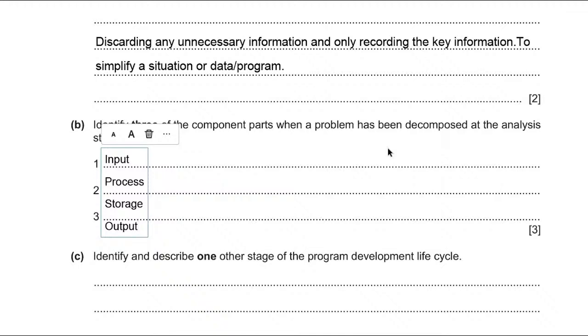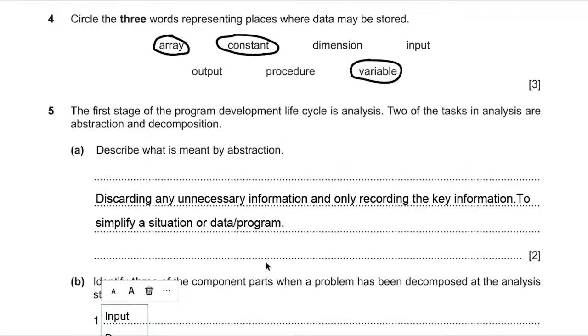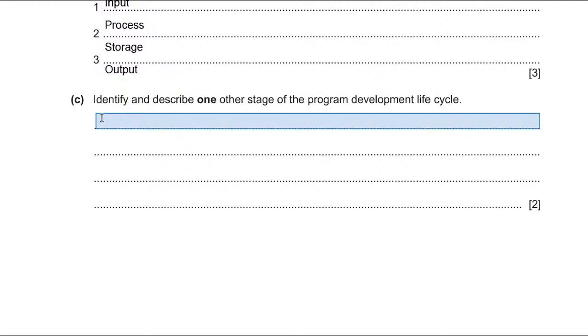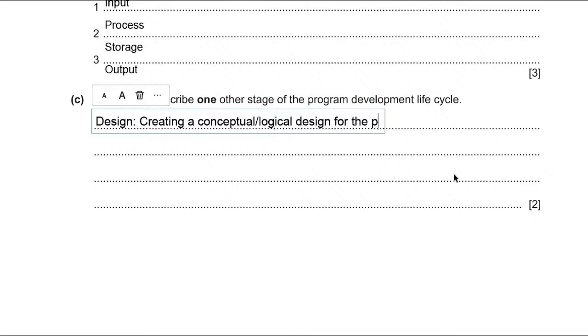Identify and describe one other stage of program development life cycle. So analysis is the first stage. You can write about design, you can write about coding, you can write about testing. You have 3 other options: design, creating a conceptual or logical design for the solution.